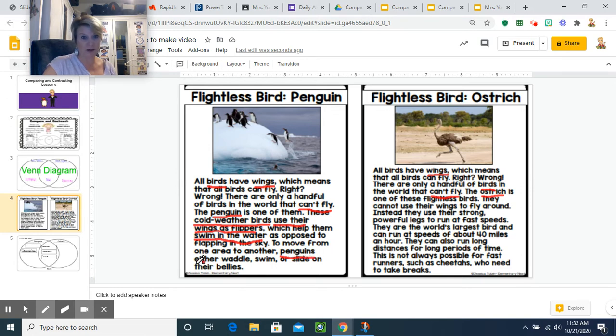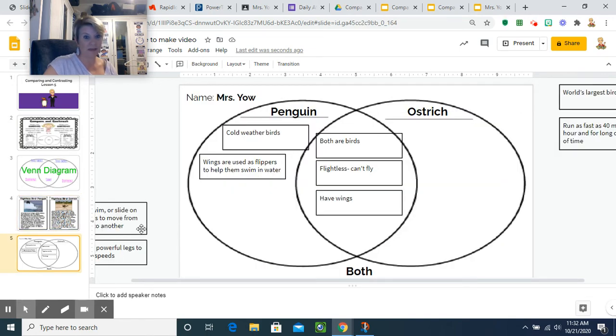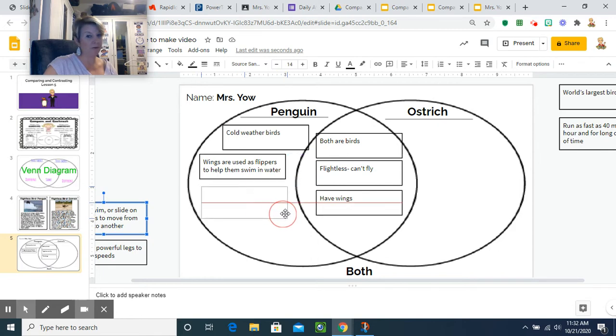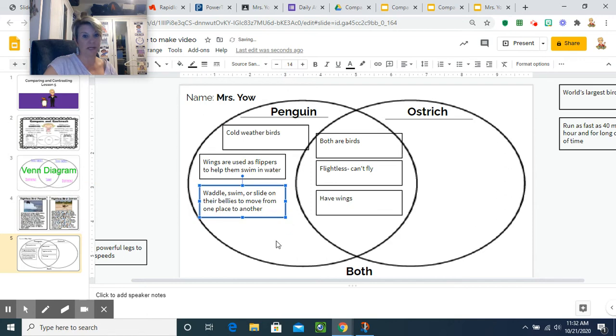When I read the story about ostriches, I didn't see anywhere in there that they waddle, swim, or slide on their bellies to get from place to place. So I'm going to go back and add that to my Venn diagram on the penguin side, because it's different about the penguin.